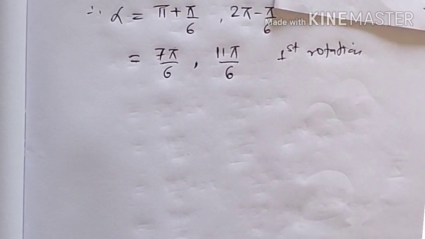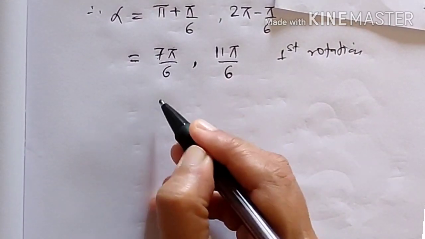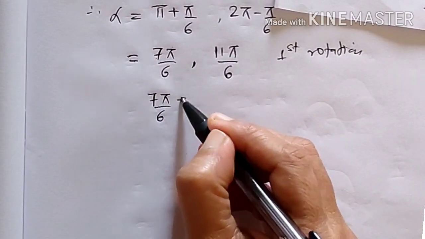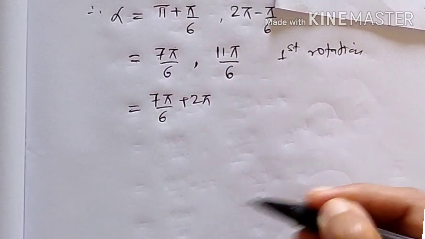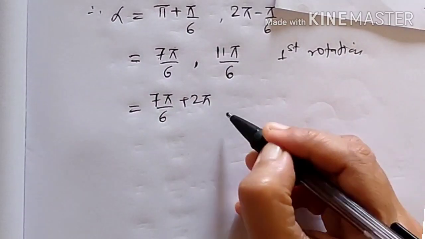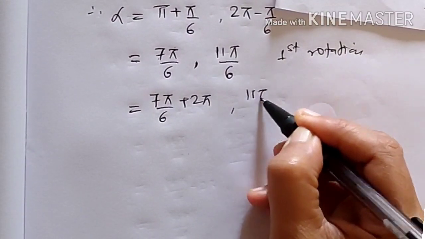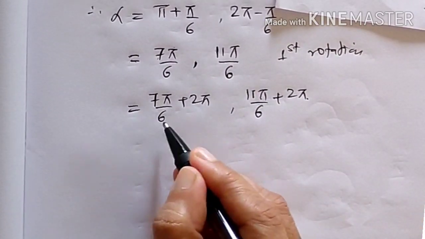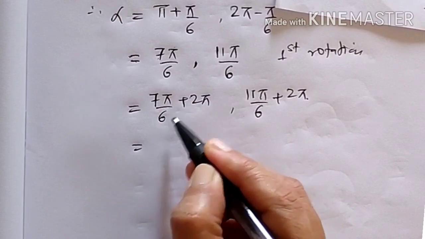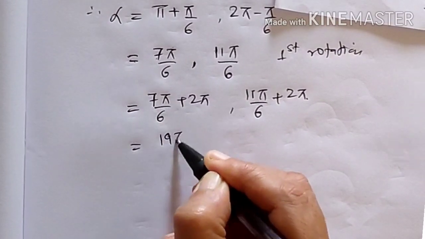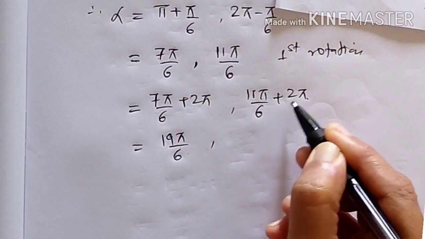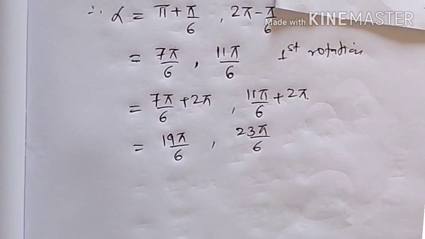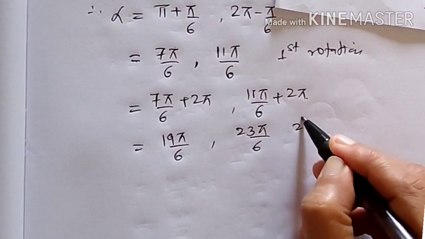If I consider the second rotation, the other possibilities are 7 pi by 6 plus 2 pi, that means what we are considering here is coterminal angles, and then 11 pi by 6 plus 2 pi. So we get 7 pi plus 12 pi, that is 19 pi by 6, and then this will be 23 pi by 6. This is in the second rotation.